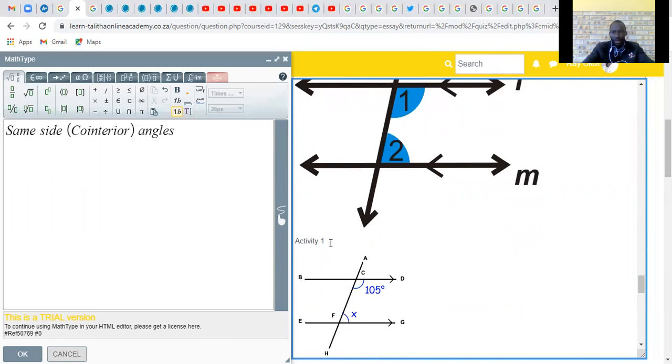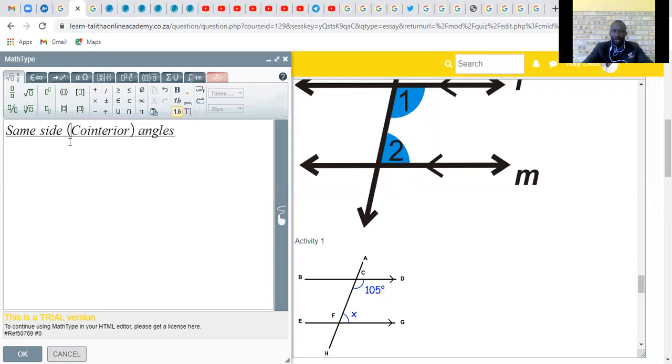Now, let's look at the first activity, which requires us to determine the value of angle x. We have x here, and we have 105 there. These angles are on the same side, and so we say these angles are same-side angles, or co-interior angles.